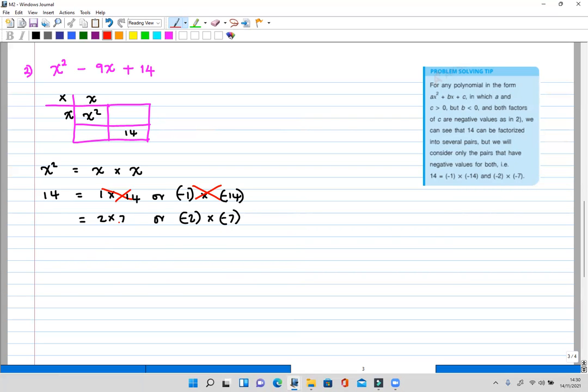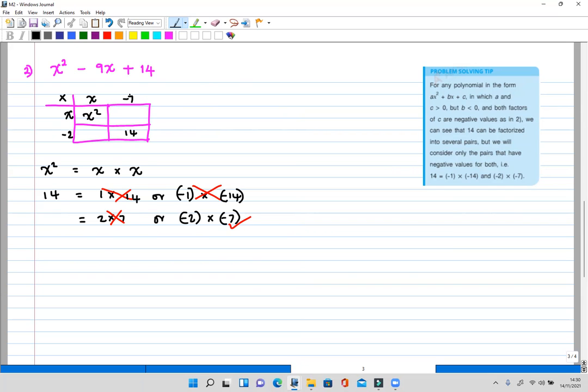2 times 7, we get 14, but 2 plus 7, we get 9, not negative 9. We don't need this. Negative 2 times negative 7 is 14, and negative 2 plus negative 7 is negative 9. We need this. So we say that we are having negative 2 here and negative 7 here.